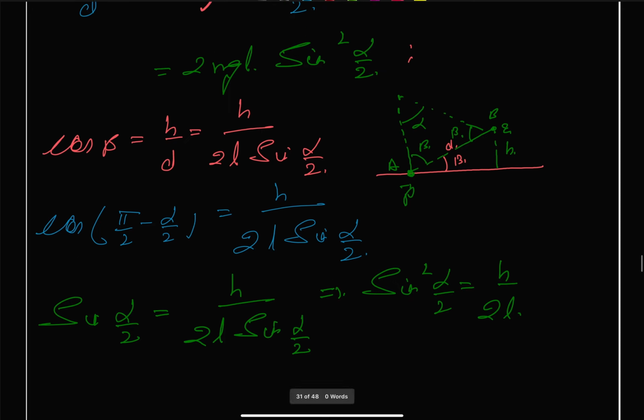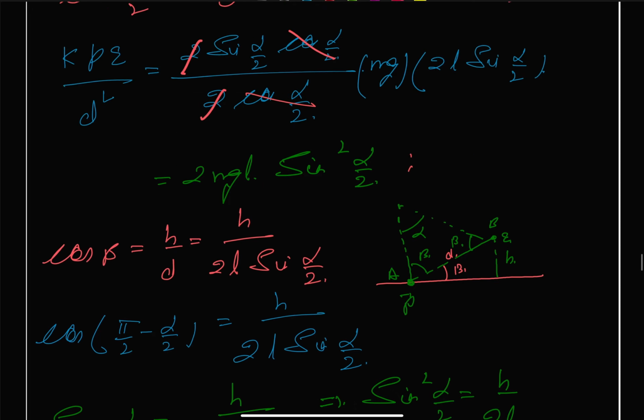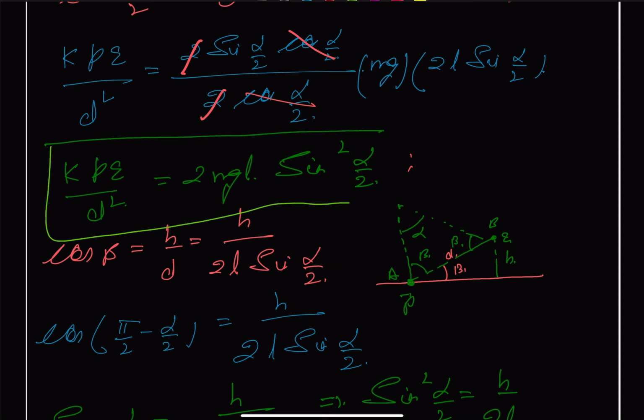And this is our kpq upon d square. Therefore we found out our sine square alpha by 2. Let us call this equation 1.